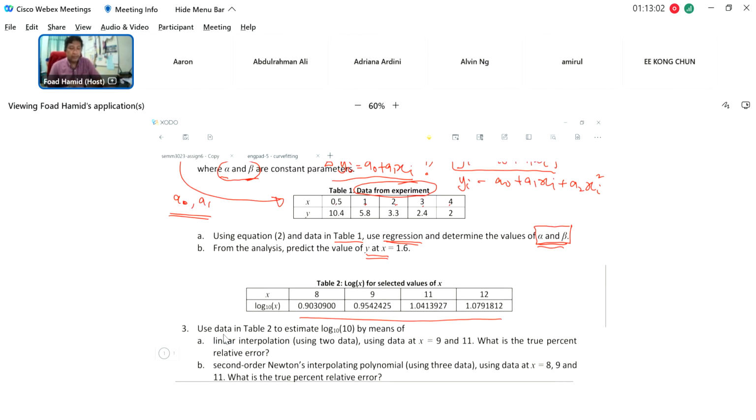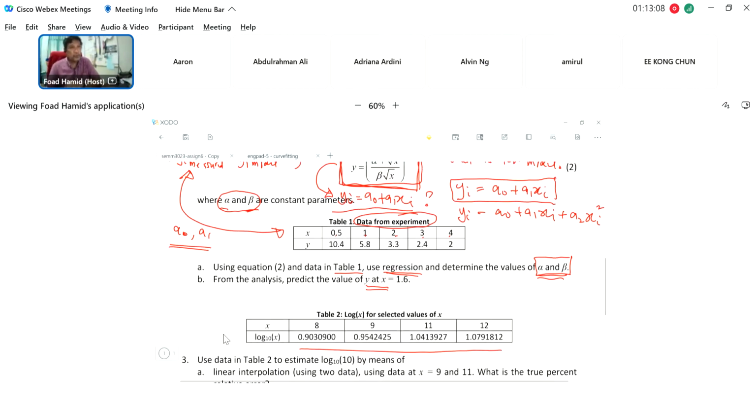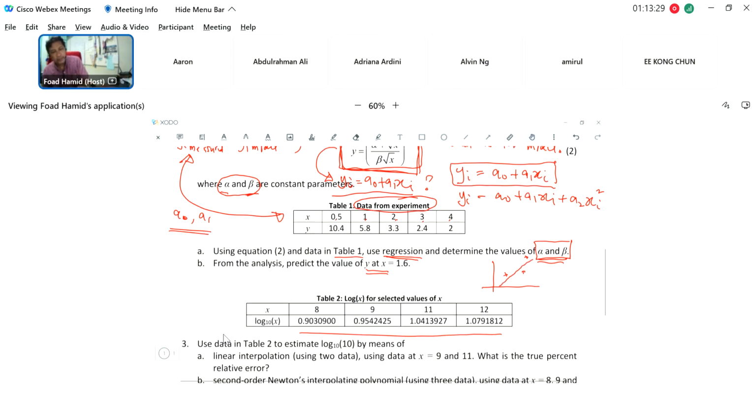One more thing, note that these are data from an experiment, which is bound to have errors. So we are trying to minimize the error. For example, let's say these are our data points. What's the best fit for this line? Is it this, or this, or this?